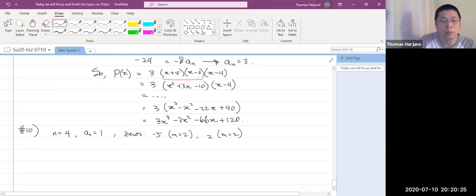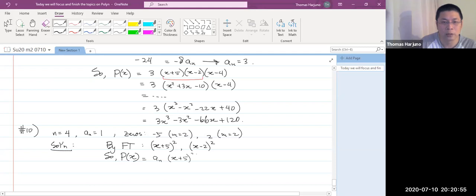Okay, now by factor theorem, x plus 5 is a factor with multiplicity of 2. x minus 2 is a factor with multiplicity of 2. So the polynomial must be the leading coefficient times (x plus 5) squared (x minus 2) squared.